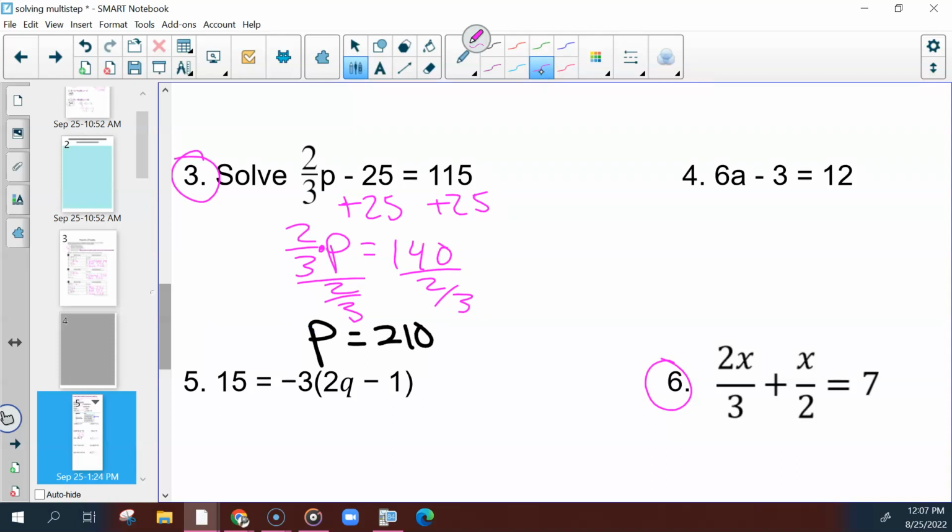If you were doing this by hand, instead of dividing by fractions, so in math, we don't really like dividing by fractions because it gets messy. So instead of doing that, I'm going to rewrite this off to the side.